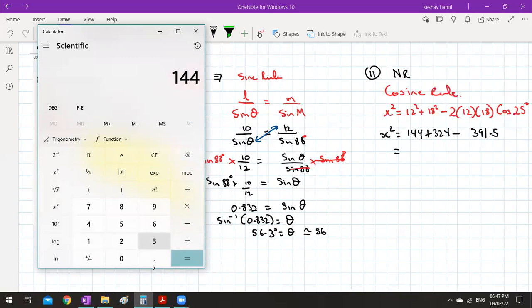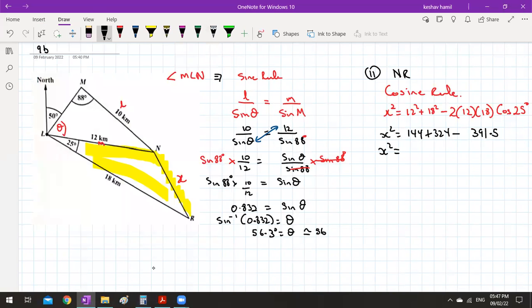So 144 plus 324, subtract 391.5. So we have x squared is 76.5. Now to get rid of the square sign, we need the square root. So we square root both sides.